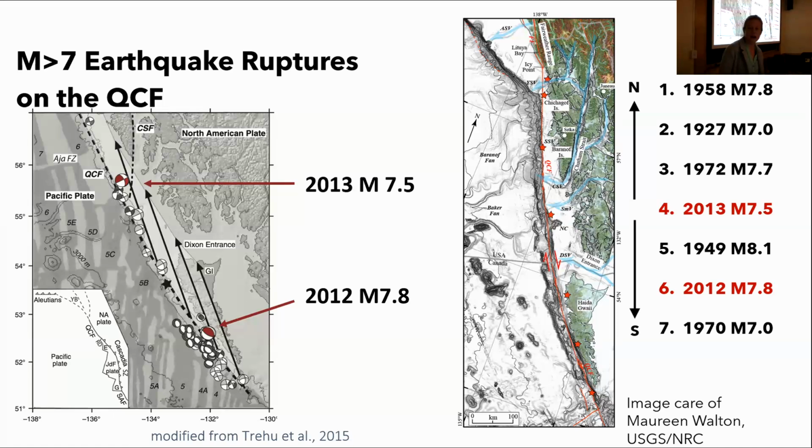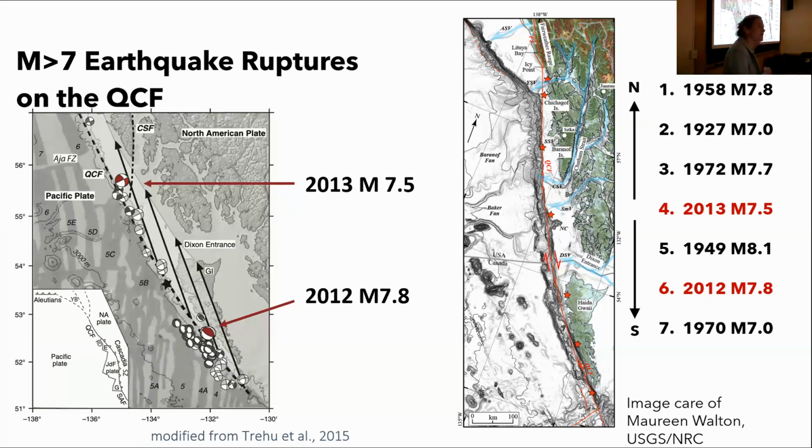Okay, and so this is another one of the really cool and interesting things about the Queen Charlotte Fault, is that the subtle change in the strike of the fault as it goes from south to north leads to an amount of compression, specifically in that southern region, that we've known about for a long time. Really smart people have been studying the Queen Charlotte Fault well before these earthquakes happened.